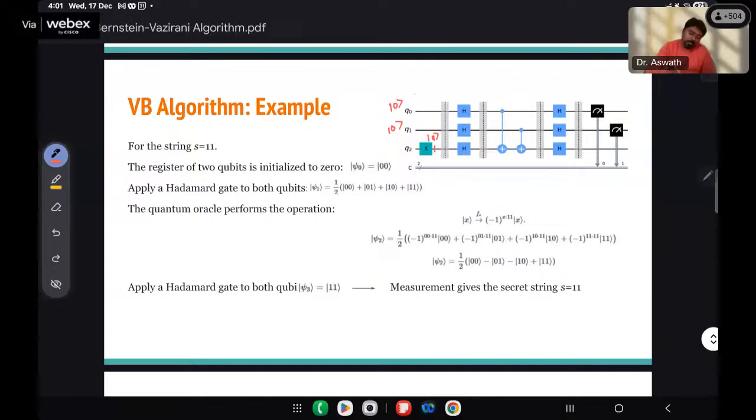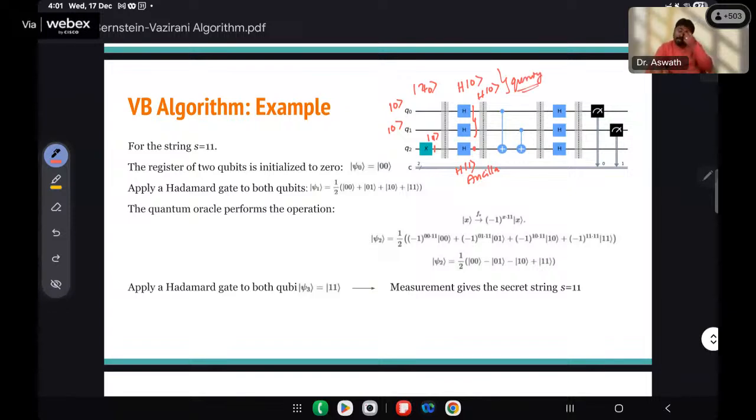This is psi 0, and then I create equal superpositions of queries. I act a Hadamard on 0, another Hadamard on 0, and another Hadamard on 1. So this is the ancilla, and this is the query.